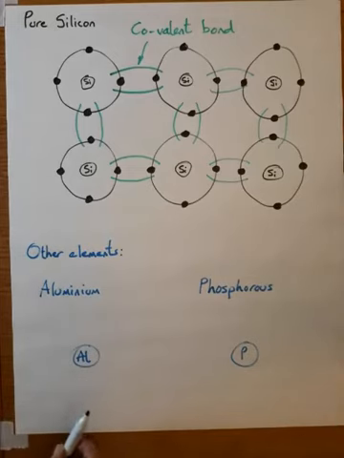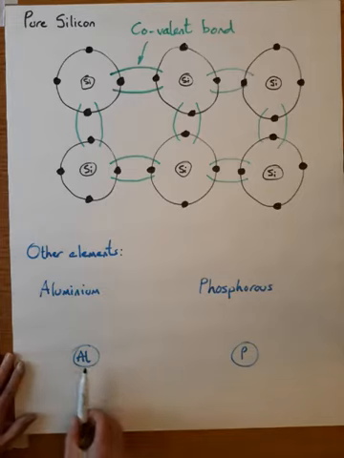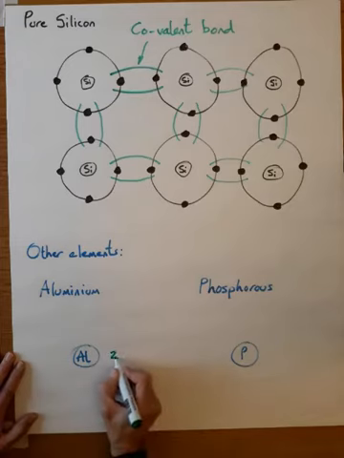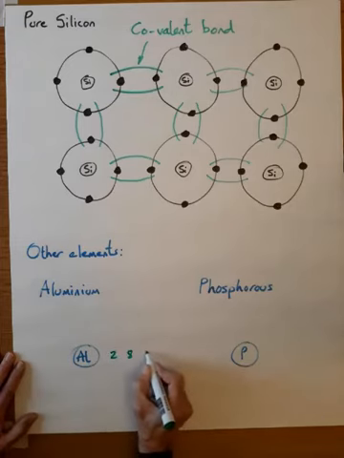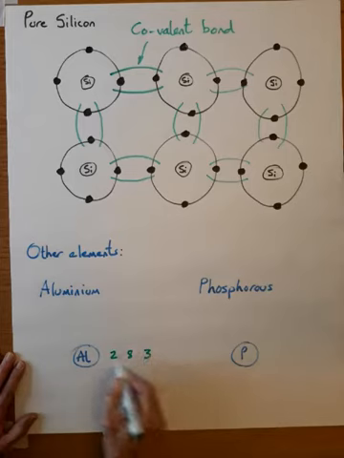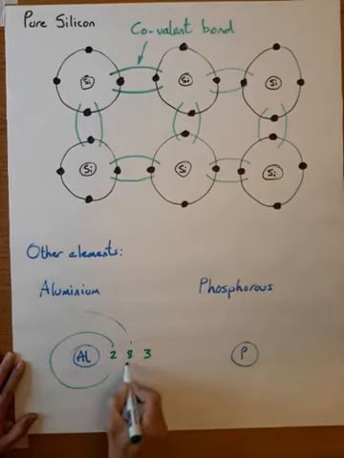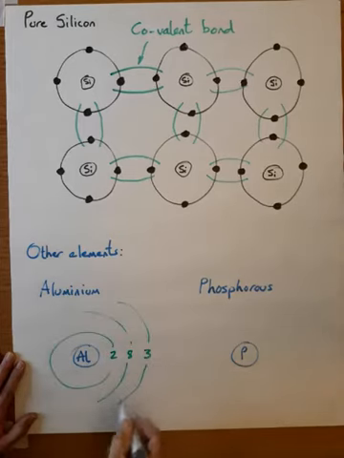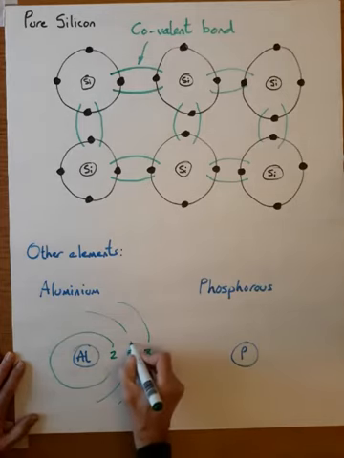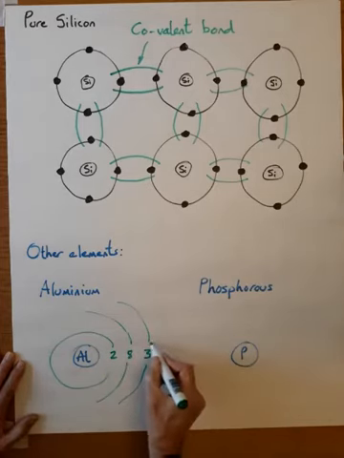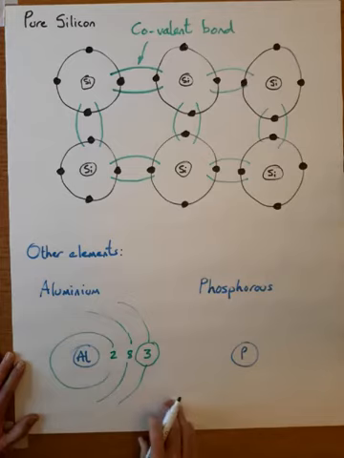For example, if we look at aluminium, aluminium has an atomic structure of 2, 8, 3. So we have its shells, orbits, rings, whatever you want to call them. So this has only 3 electrons in its outer shell.